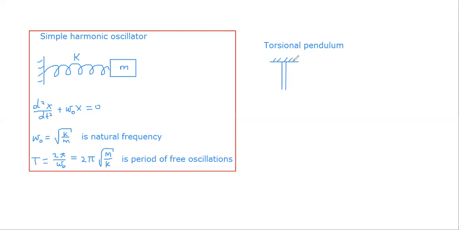So here this rod is fixed, and the lower part of this rod is connected with a disk that has moment of inertia I, and the rod has parameter D. What is D? D is a torsional constant.